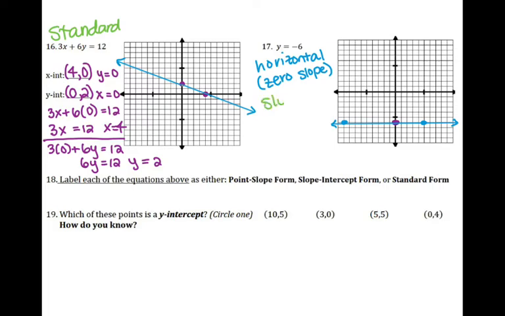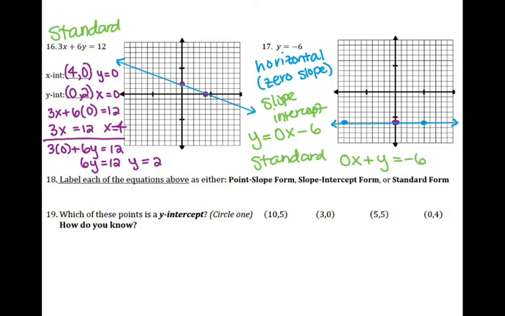This could be slope-intercept, because we could write it like y equals 0x minus 6, so that minus 6 represents your b, or you could label it as standard form. And then for standard form, you would have 0x plus y equals -6.